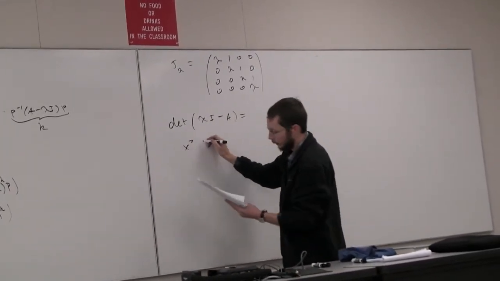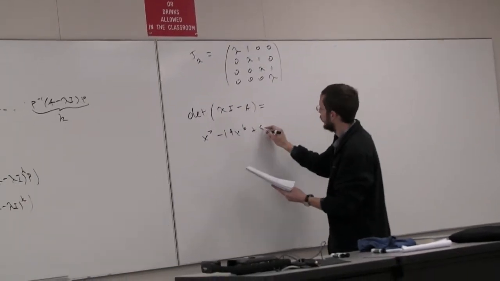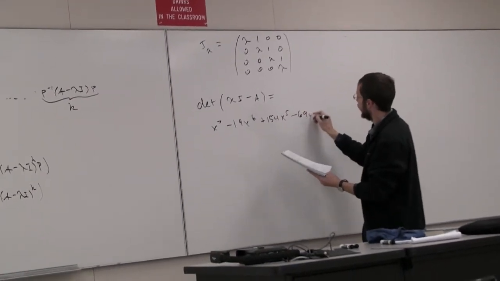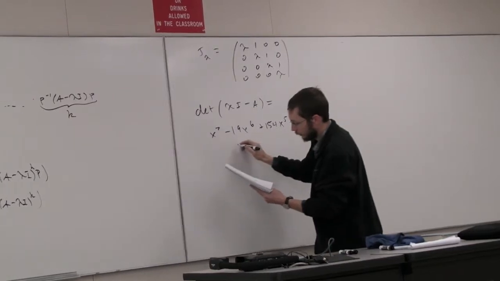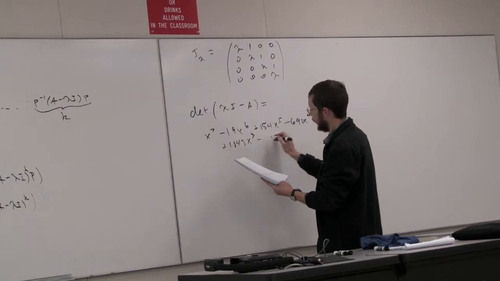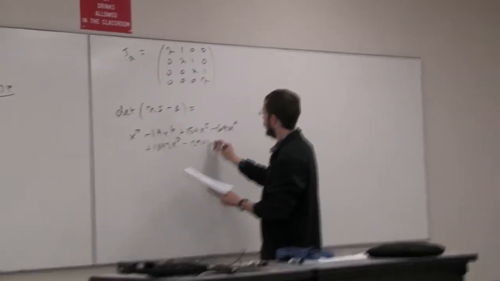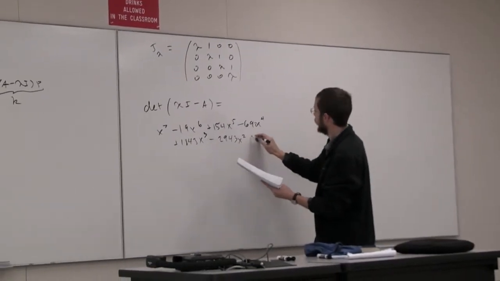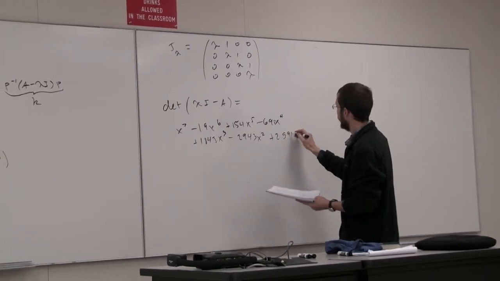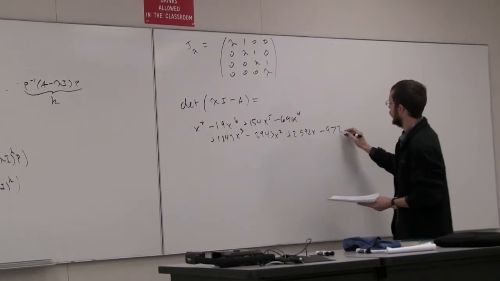It's going to equal x to the 7th minus 19x to the 6th plus 154x to the 5th plus 690x to the 4th plus 1845x to the 3rd minus 2943x squared plus 2592x minus 972. Okay.